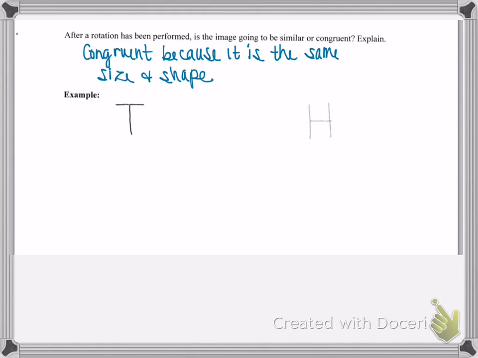Down here we have two examples of common English letters. Starting with the T, we can rotate it 90 degrees clockwise in this direction. We can rotate it 180 clockwise. We can rotate it 270 degrees clockwise.